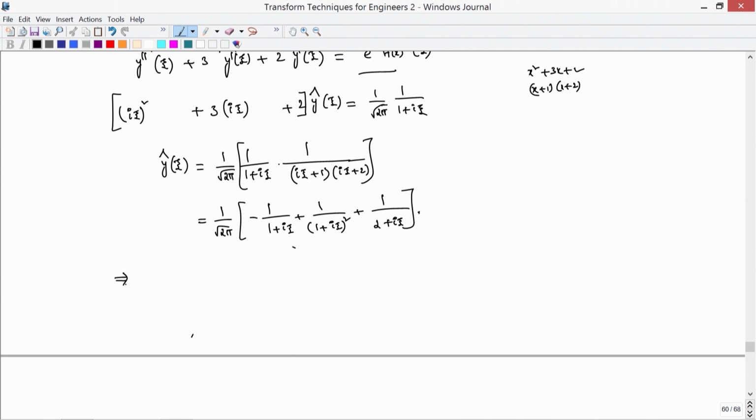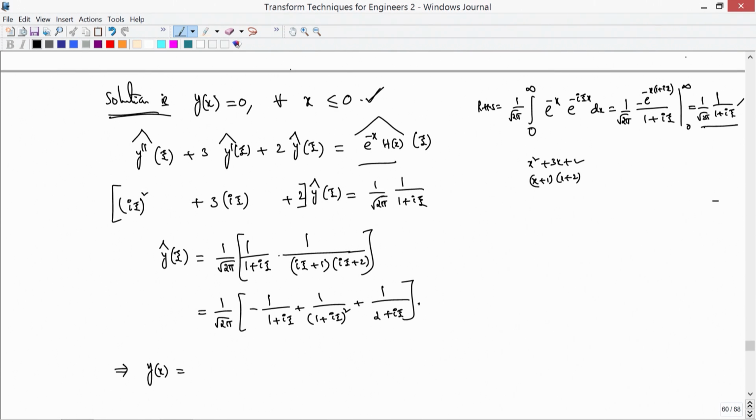So, now you can invert it. If you take the inverse Fourier transform of y cap, that will become y of x, by the Fourier integral theorem. And if you apply the Fourier integral theorem here, you can easily see that the inverse is e power minus x h of x.